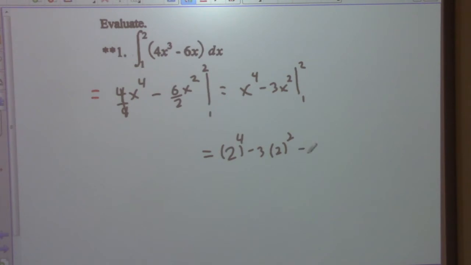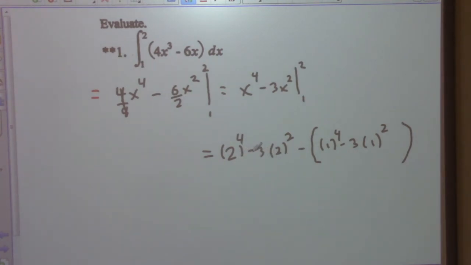And you're going to subtract out the same thing, but with 1 replaced here. What I like to do is just parenthesize the whole thing. So we have 1 to the fourth minus 3 times 1 squared. And so you simplify this out, I get 2 to the fourth, what is that, 16?